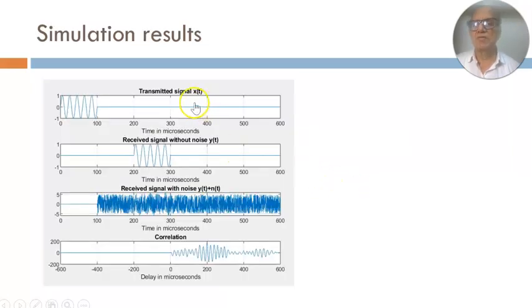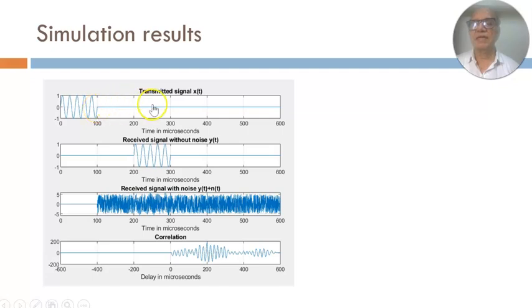All right. So this graphical picture will make the process clearer. We generate a sine wave here, and this is lasting for 100 microseconds. Note that on the x-axis we have plotted time in microseconds, and on the y-axis is our instantaneous amplitude. So we are generating a sine wave with 5 cycles in order to represent the transmitted signal.